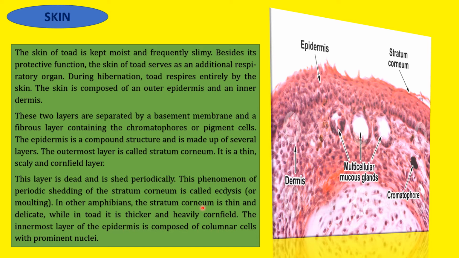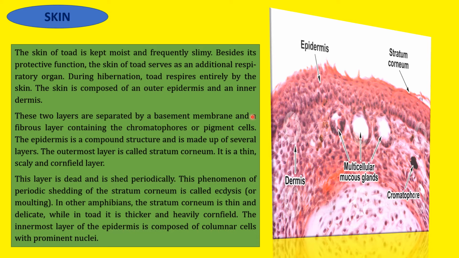In other amphibians, the stratum corneum is thin and delicate, while in toad it is thicker and heavily corn-filled. Maybe you are a little bit confused because in the previous paragraph they have told it is thin. Yes, in case of toad also it is thin, but it is thinner than the epidermis.